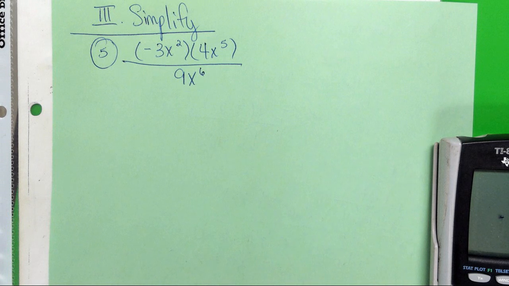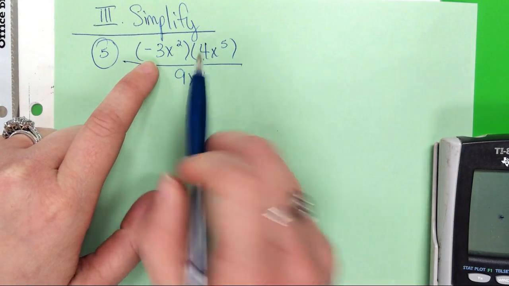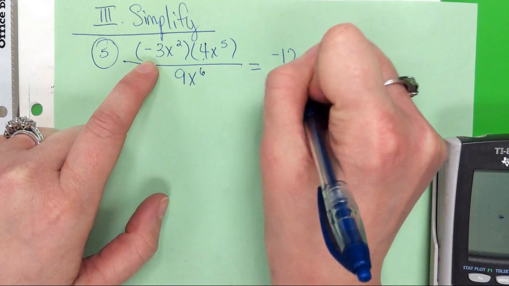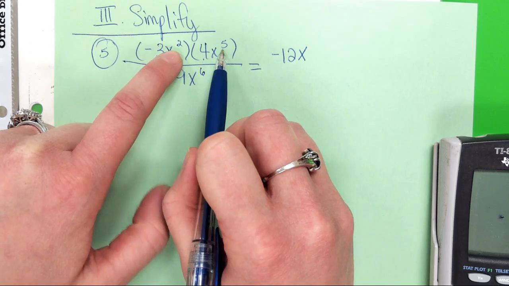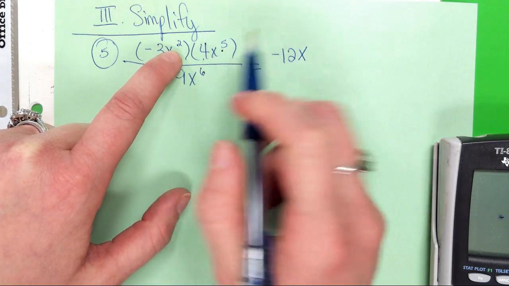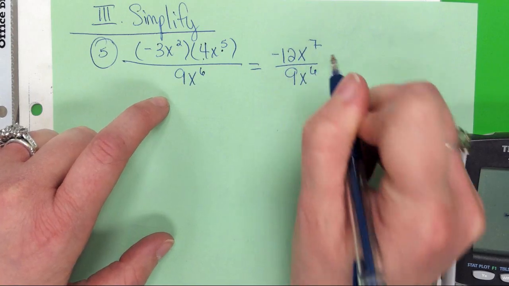How can we do this? You multiply the top. Very nice. What's -3 times 4? -12 x to the 7th. When you multiply the bases, you add the exponents. 2 plus 5 is 7. That was a pretty easy stroll down memory lane.